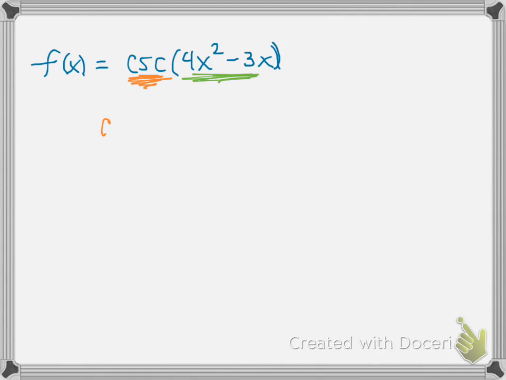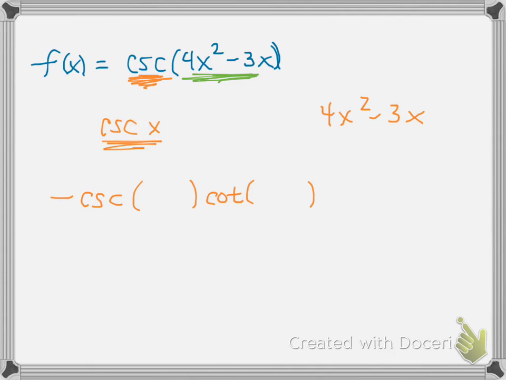Okay, so let's split them up here. One of the functions we have is cosecant of x. The other one is 4x squared minus 3x. So the derivative of the outside, the derivative of cosecant, is negative cosecant x cotangent x, times the derivative of this inside piece, so 8x minus 3.